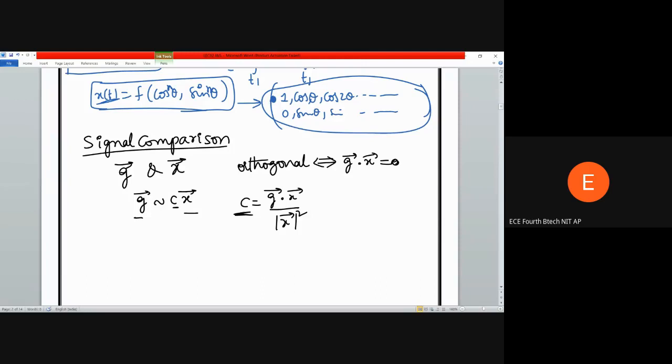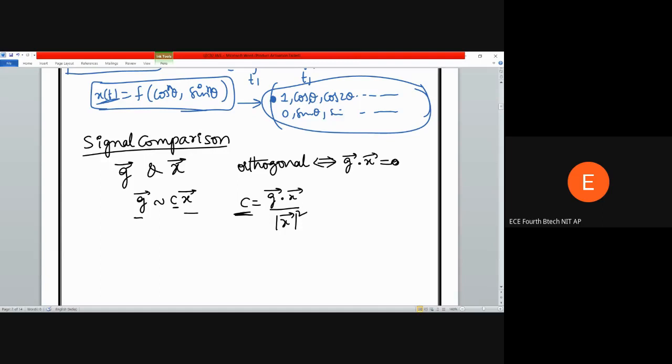If c is very small, then there is no similarity between the vectors g bar and x bar. And when you calculate this, the most important thing that comes across is the magnitude of a vector.